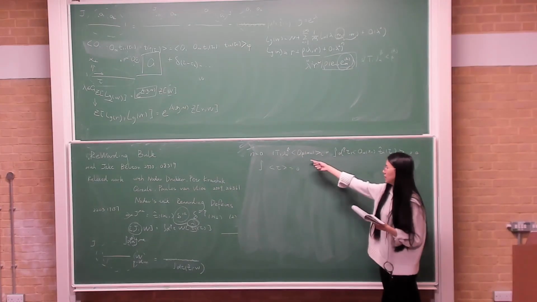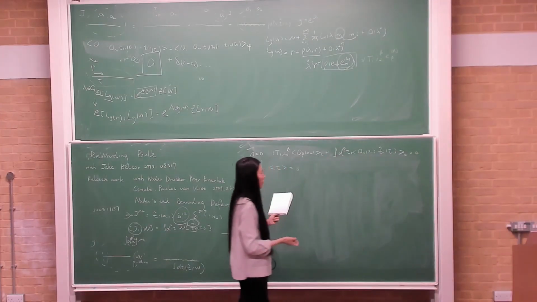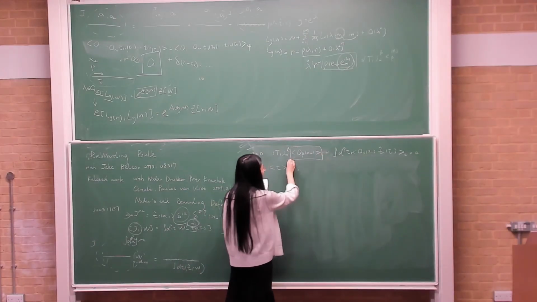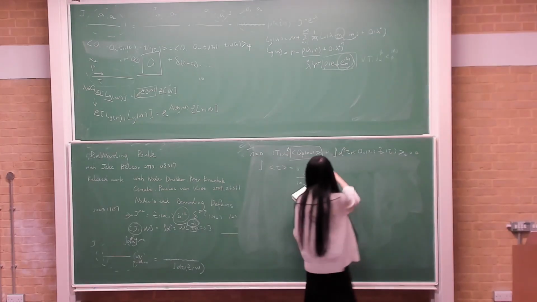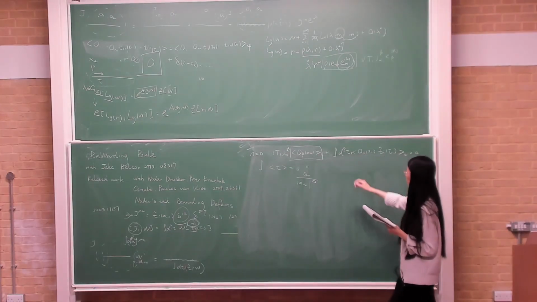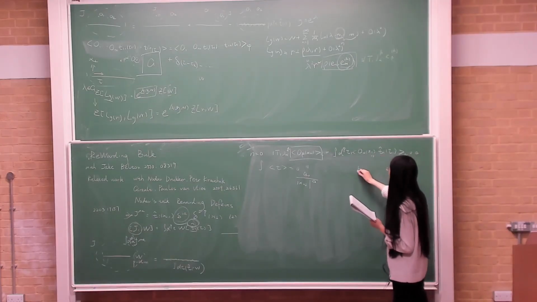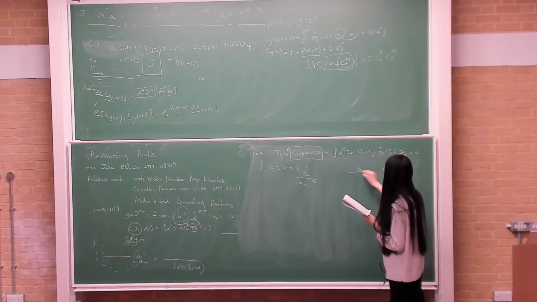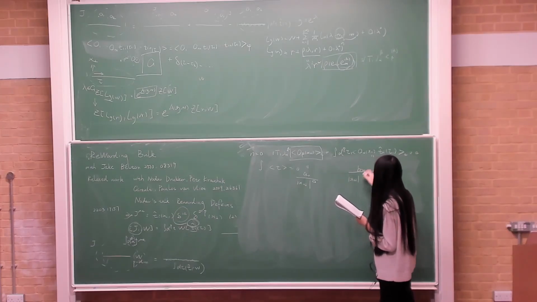But with the insertion of the bulk operator, we find that this one is not trivial at all, and it's actually quite useful. This is a one-point function of the bulk, which we know is like AO over X to some power, the power being the conformal dimension of this bulk operator. And this one is the two-point function, because I'm considering a scalar.